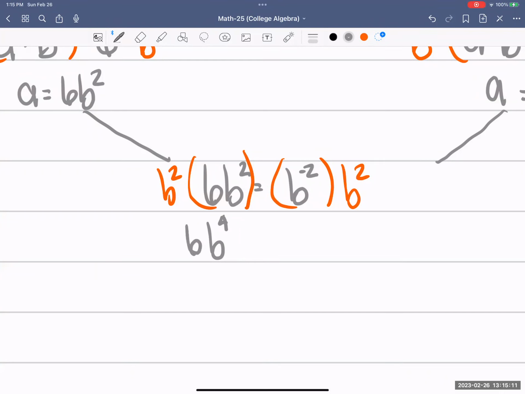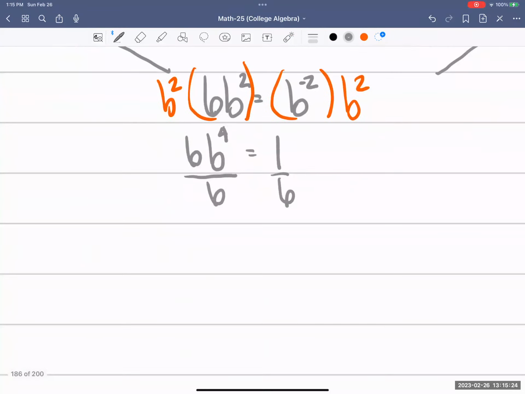So 6b to the power 4 is equal to 1. Over here, these two just simplify to 1. To get b by itself, we could divide both sides by 6. Now we have b to the power 4 is equal to 1 over 6.